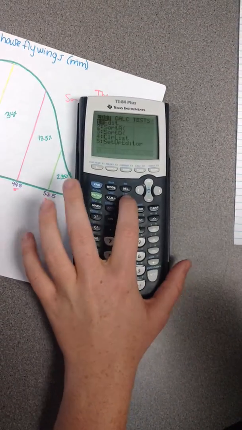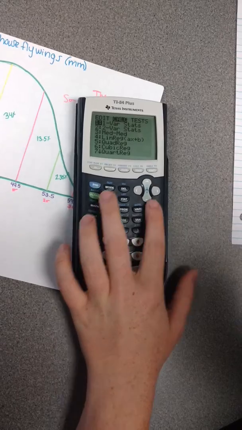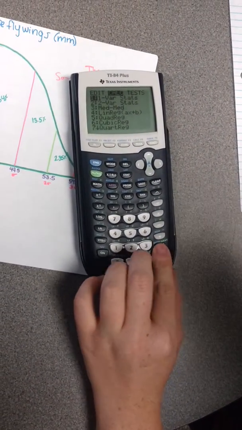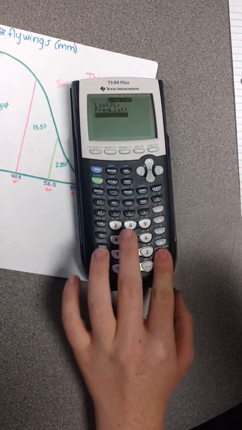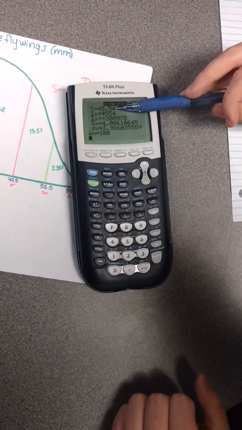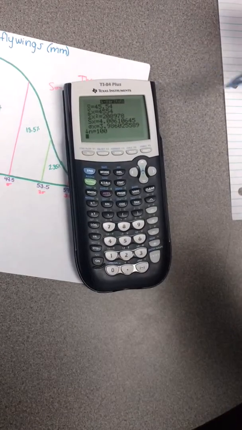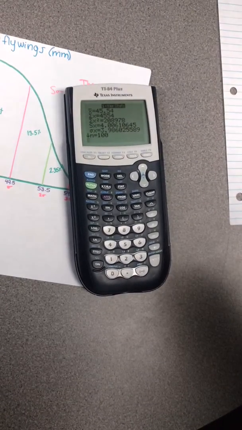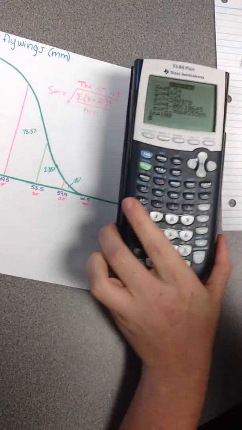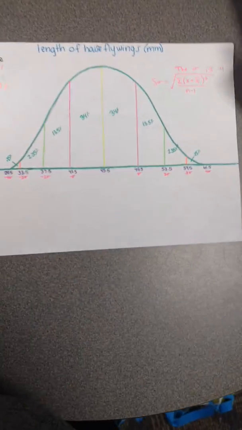Then you hit Stat, Calculate, and you go to one variable statistics, which once again should be the first one to come up, and then you hit Calculate. And it should come up with your mean and your sample standard deviation, which our mean was 45.54, which we rounded up to 45.5 for our bell curve.